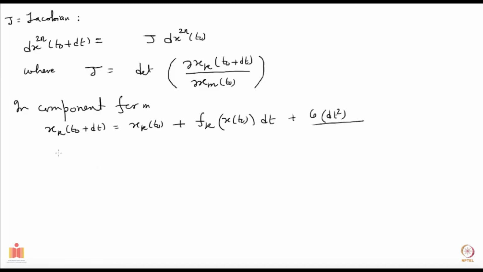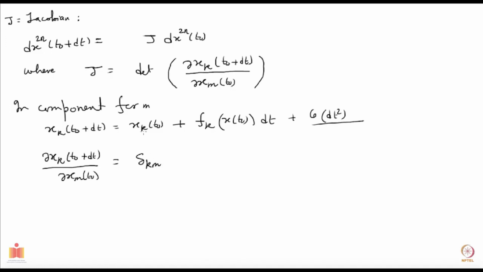Okay, so let us calculate this derivative, delta xk over delta xm at t0. Okay, clearly this will give you delta km. Unless k is equal to m, this is 0.